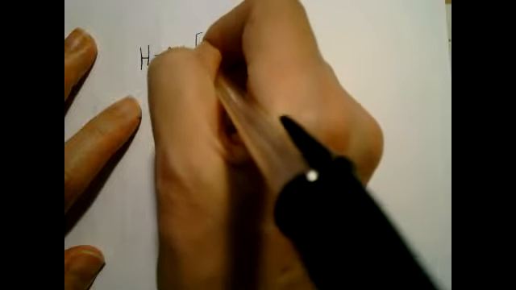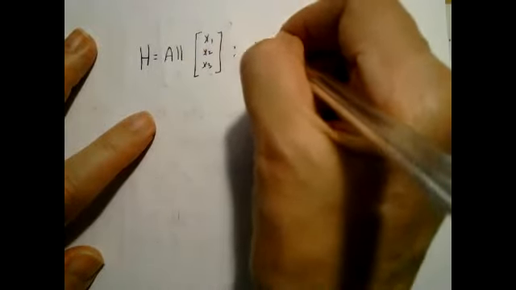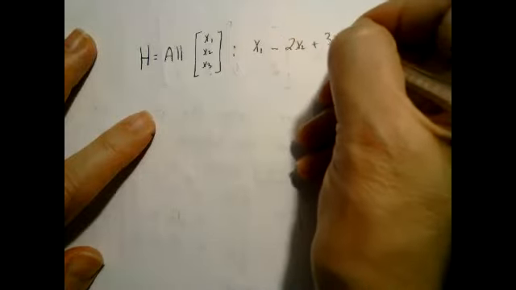So let me take another example. Suppose I take H to be the following. A little bit uncomfortable, but that's okay. All the vectors x1, x2, x3, such that x1 minus 2x2 plus 3x3 equal to 0.